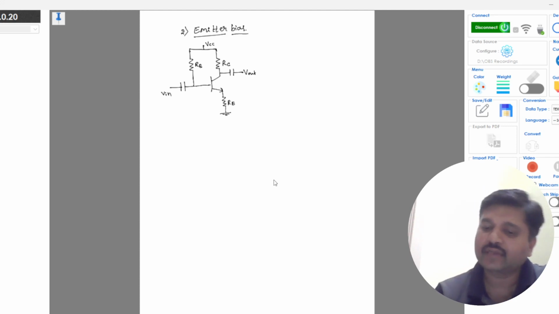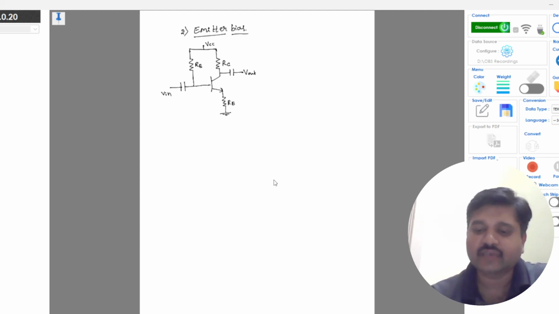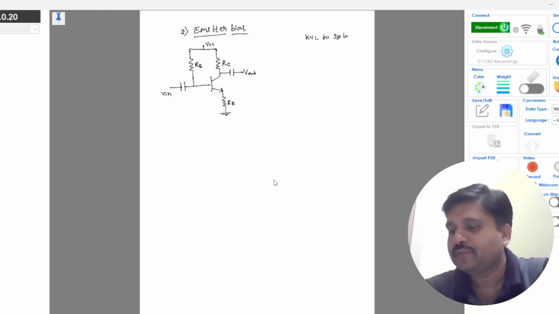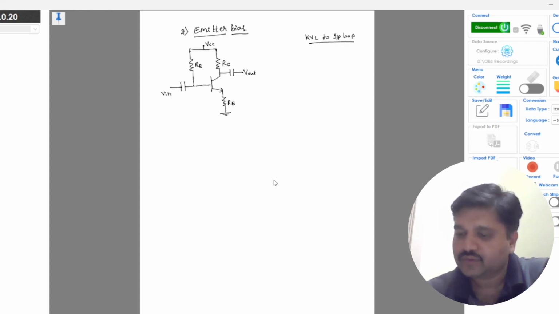So now to find the bias point, that is ICQ and VCEQ for this circuit, we will apply KVL to the input loop. So I will redraw the circuit for the input purpose, neglecting the capacitance.